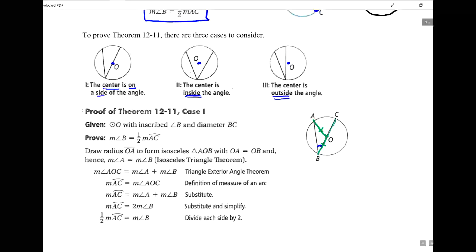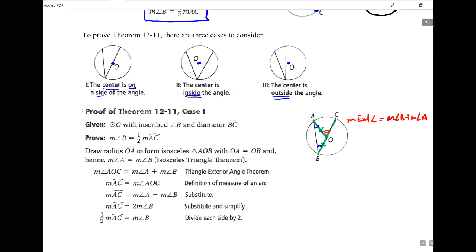And what do we have over here? We have an exterior angle. And we know from previously that the measure of an exterior angle is the sum of the measures of the 2 remote interior angles: measure of angle B plus measure of angle A. And what else do we know about angle A?